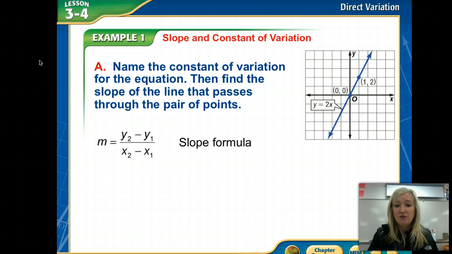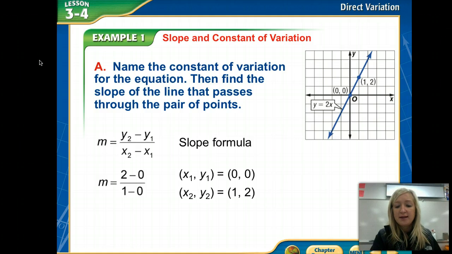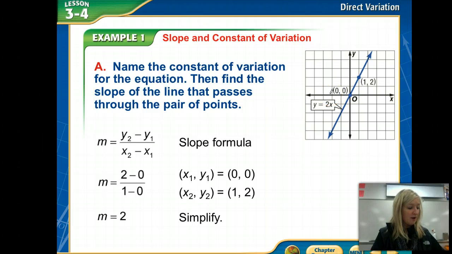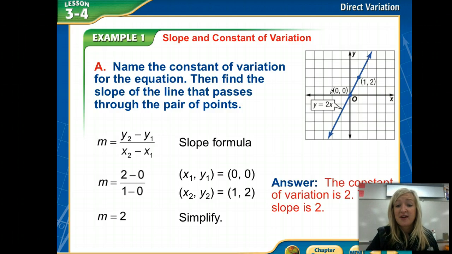Well, we are going to follow the slope formula, y2 minus y1 over x2 minus x1, and I'm going to use my points here. My y2, so 2 minus 0 over 1 minus 0, and we get a slope of 2. So the constant of variation is 2, and the slope is also 2. They are the same thing.